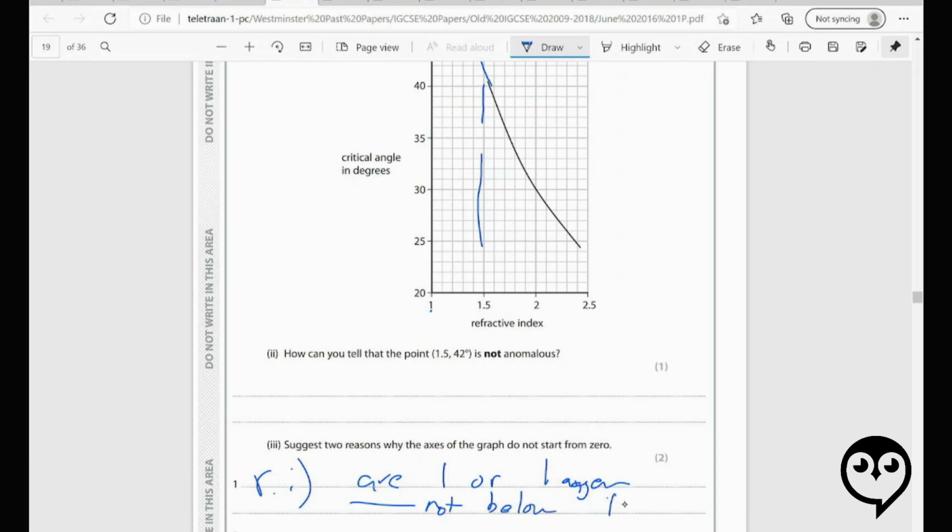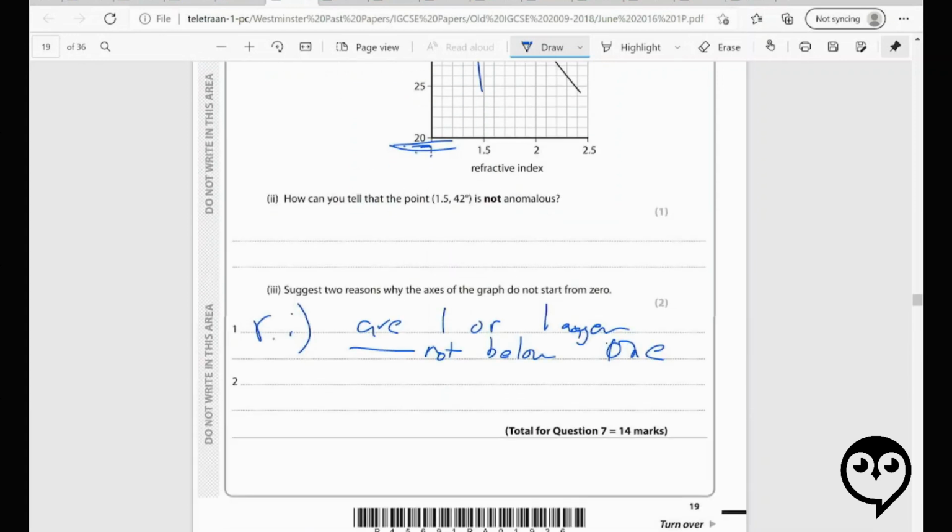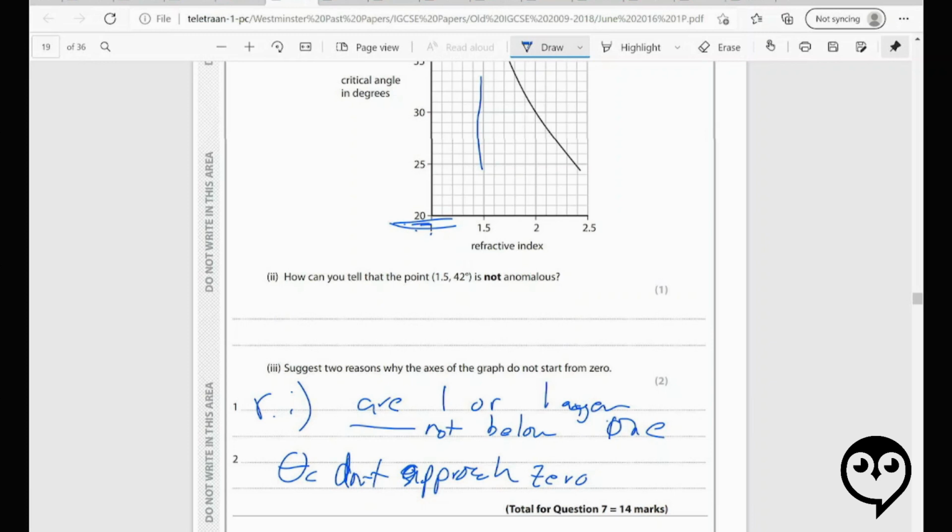They'll never be below 1. And critical angles. You're not going to get critical angles close to 0 as well. Critical, I'm just writing that short for critical angle. They don't get that small. Don't approach 0. I would say something like that. That would be my guess.